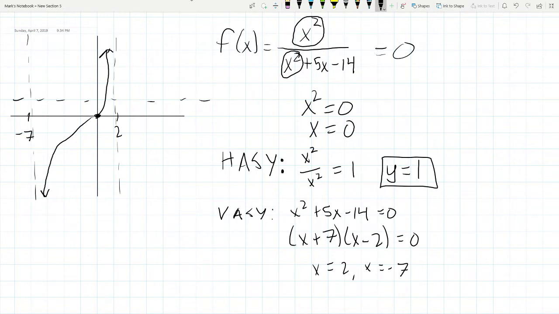But let's just go ahead and plug in some test values. We'll figure out whether it's positive or negative, and we know that it will just continue that trend. Okay, so if we plug in x equals 1, I'll let you do this for yourself, but you would see that you would get a negative value.